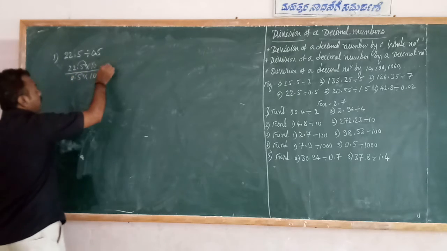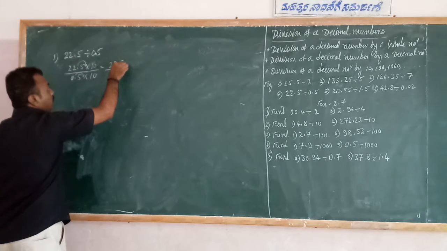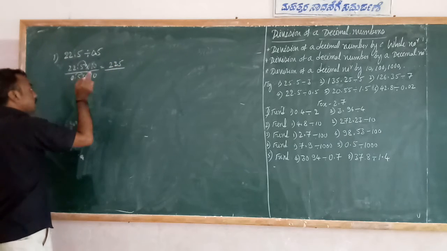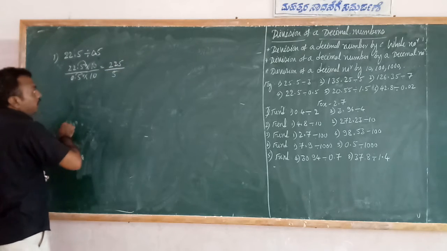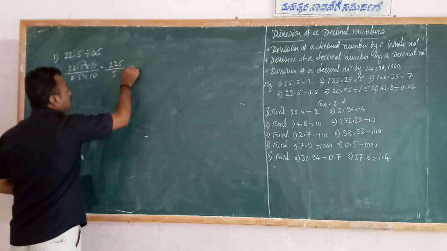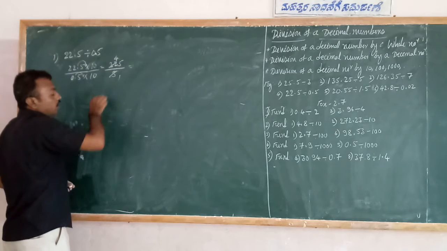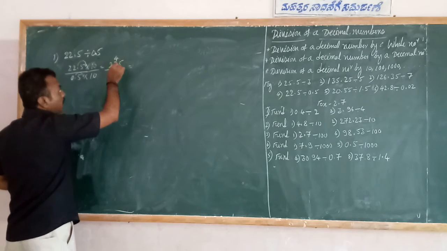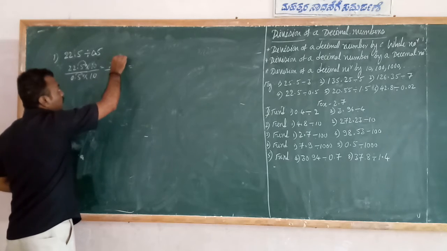Now it becomes 225. The point will not come here, you don't want to put the point here. So 0.5 becomes 5. Now 225 divided by 5. Now easily you can divide it. 5 ones are 5. 5 fours are 20. What is remaining here? 2 is remaining. 20 means 25 becomes. 5 ones are 5, 5 fives are 25.